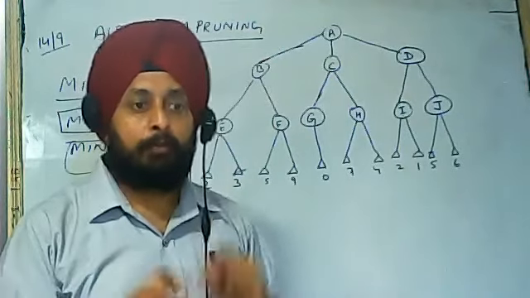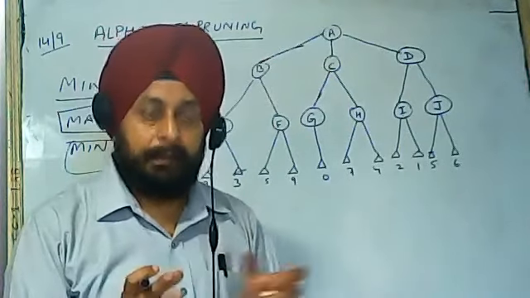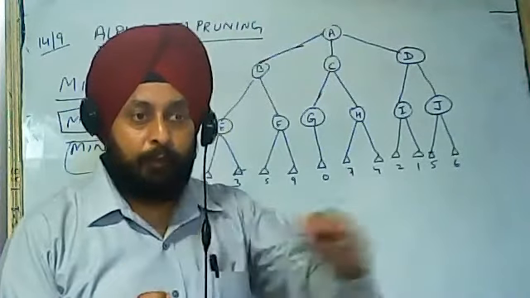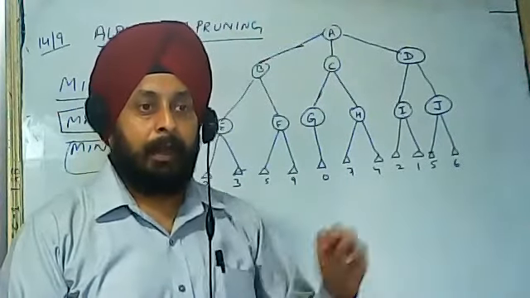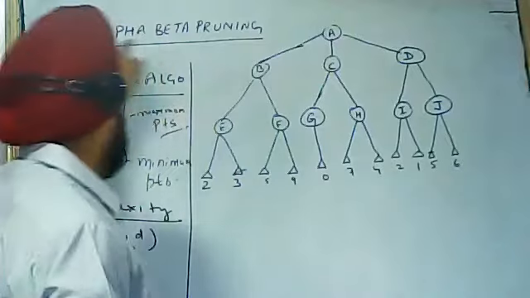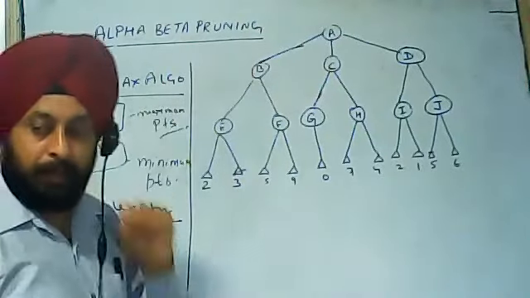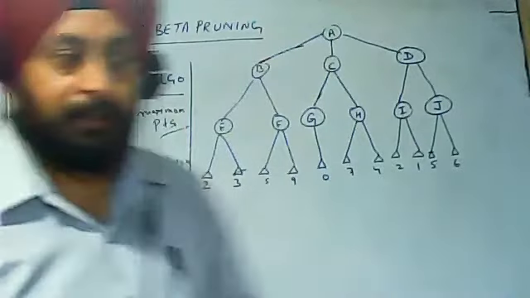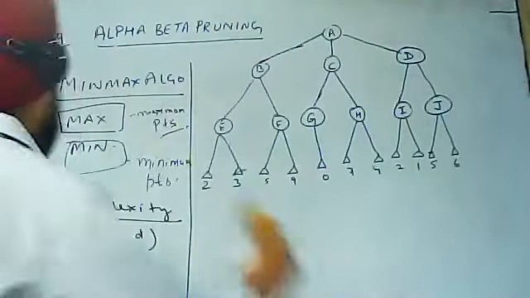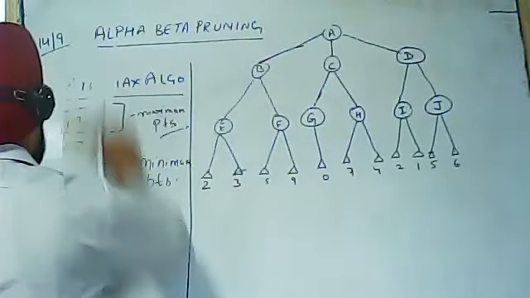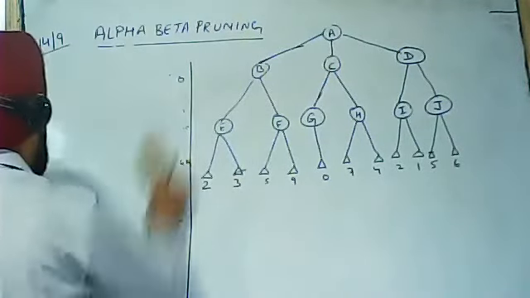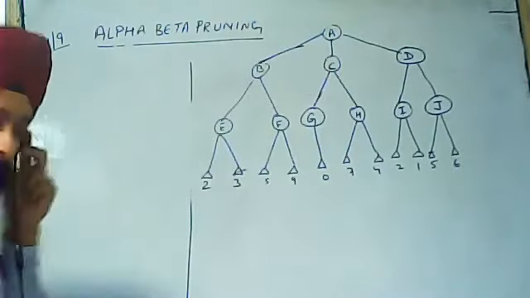Now we have to look at a technique which removes this limitation, and that technique is alpha beta pruning. What does the term pruning mean? It is very important to understand the terminology. Pruning means cut.